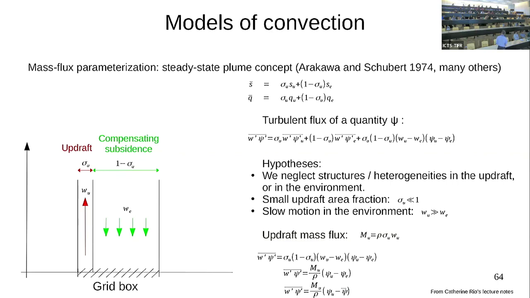I think it's a nice philosophical question, and it's probably difficult to answer in simple words, but I'll try to bring some elements of an answer. So first, a parameterization approach to your question. When people built these mass flux parameterizations, a long time ago, the grid boxes were huge, hundreds of kilometers, a couple of degrees, I should say.